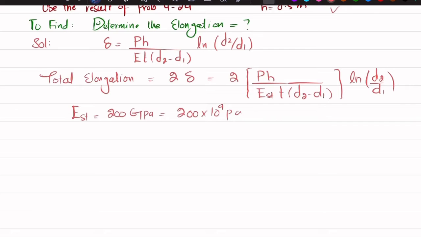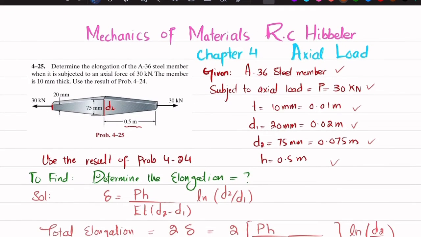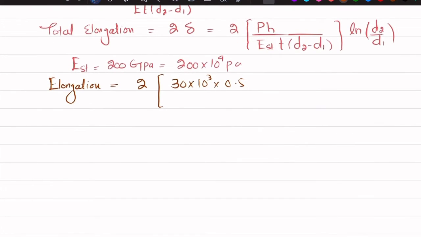Now you have all the values, you can just put it. So you will get elongation, our total elongation will be equal to 2 multiplied by P is 30 kilonewton. So 30 into 10 raised to power 3, H is 0.5 meter. All the values are given over here. You have to just put the value. E of steel is 200 into 10 raised to power 9.